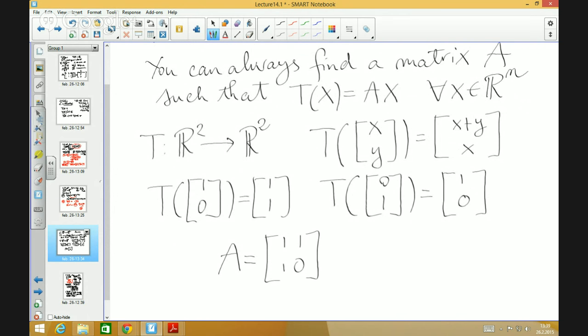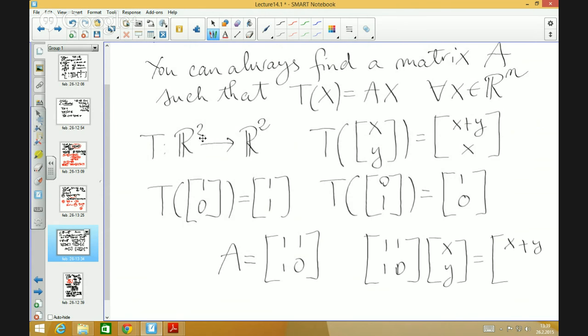Does this A induce the function T? Let's see. All we need to do is to multiply this matrix, sorry, that should be a 0, by a vector (x, y). And let's see what happens. Well, (1, 1) times (x, y), that's 1 times x plus 1 times y.